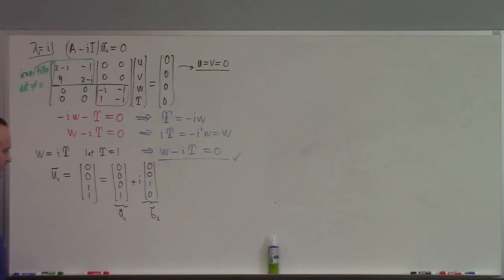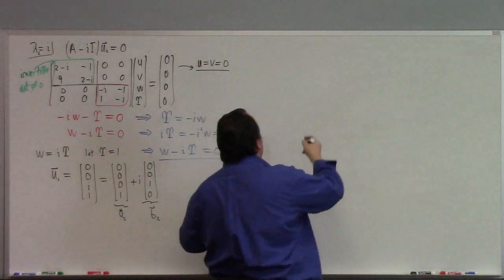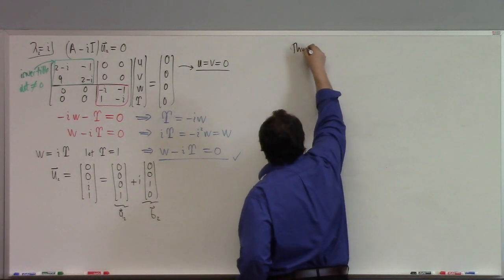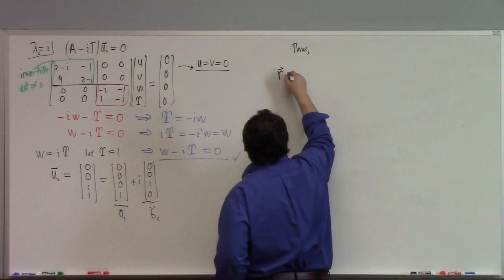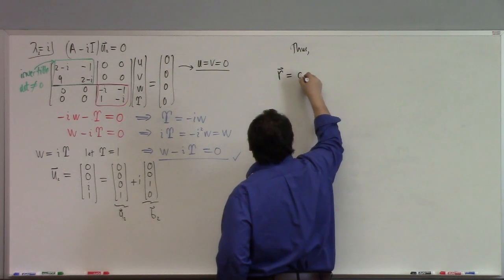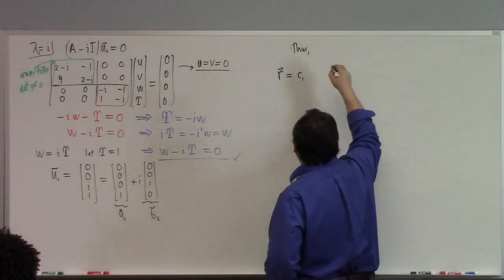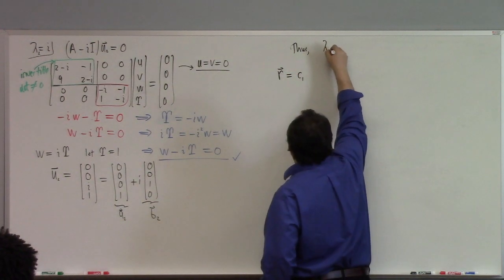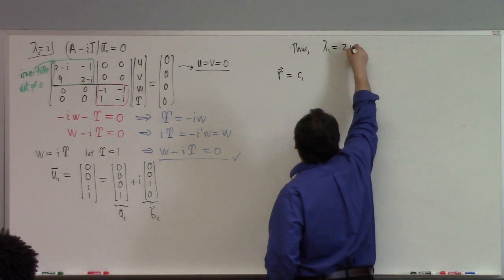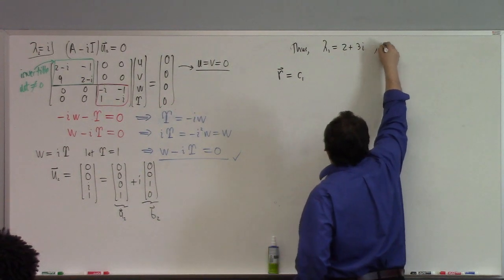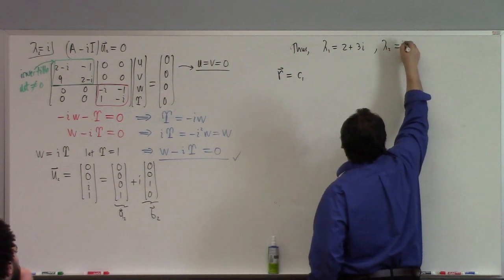All right, so here we go. Thus, r equals c1. So lambda 1 was what, 2 plus 3i, right? Lambda 2 was i, just to remind myself.